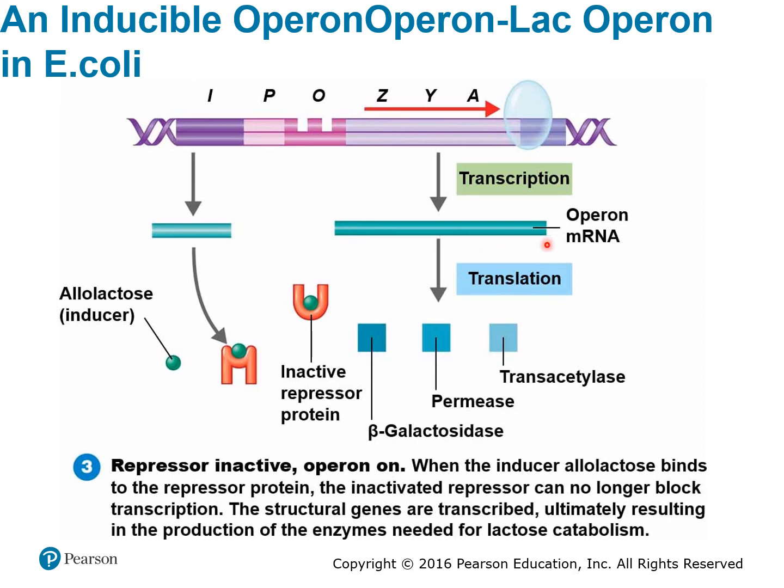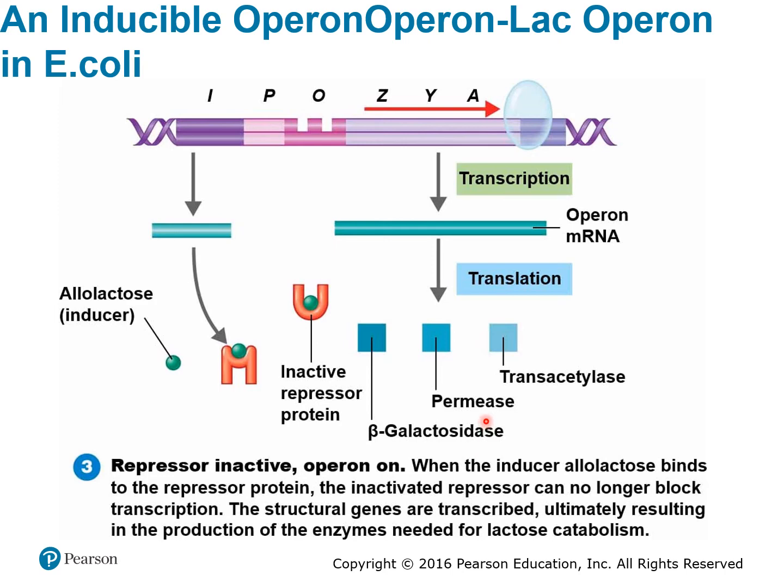You're going to have a messenger RNA, and then that messenger RNA is going to be translated, and we're going to get the proteins that are going to help E. coli absorb lactose and metabolize lactose. What are those proteins that are going to be produced? That is beta galactosidase, and that's the protein that's going to help the E. coli metabolize lactose.